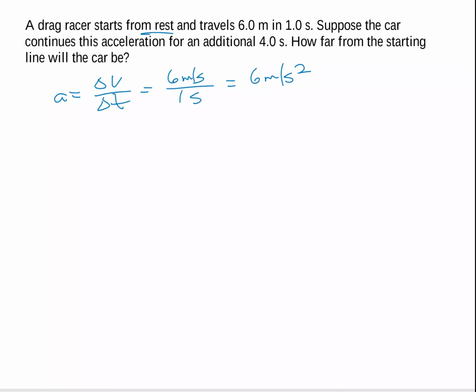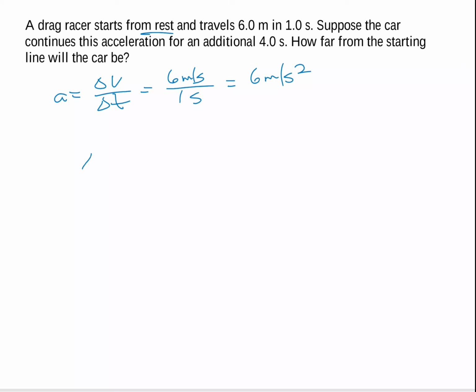We want delta x, the start and the ending point. So delta x is x sub f minus x sub i. But x sub i was 0 if we make the origin where it started, so x sub f really is what we're looking for, but we can call it delta x because x sub i was 0.